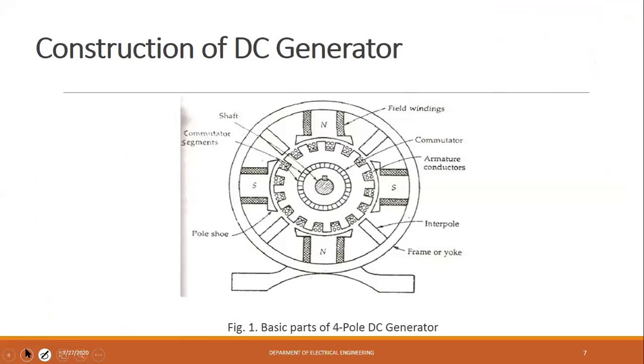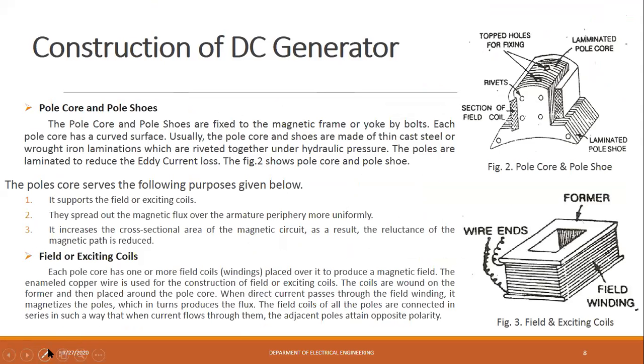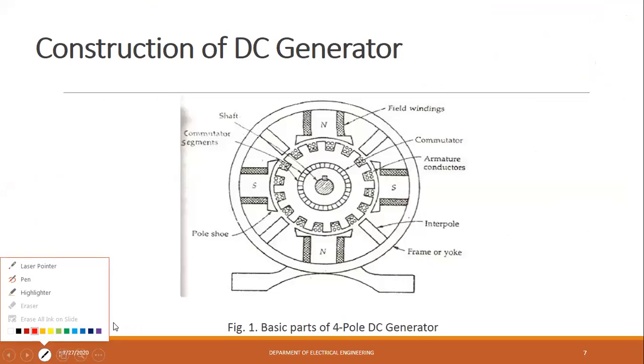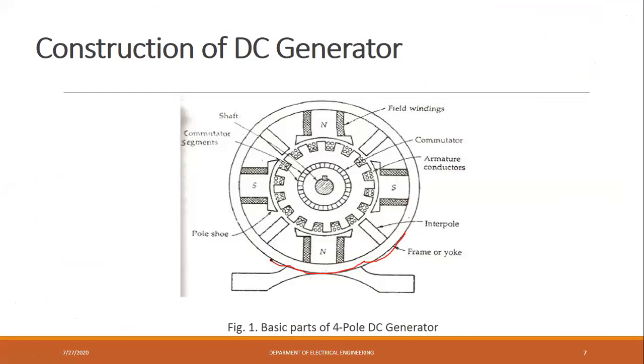Okay, next one is the construction. See here, this outer part is a frame, or yoke I can say. As I told you, this part is for the mechanical support as well as to provide the low reluctance path.